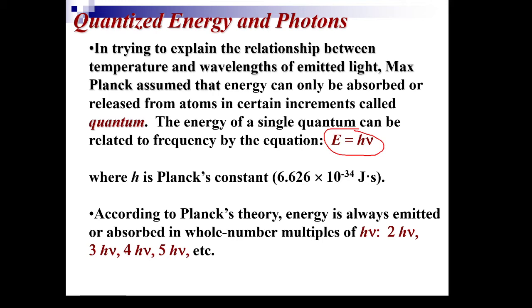So if I calculate h nu for a specific electron or something like that to be 5, there can never be a value for that specific substance as 7 or 8 or 11 or 13 or 19 or 24. If I calculate E to be a value, the next value has to be double that, or triple that, or 4 times that. It has to be a multiple of whatever h nu is.